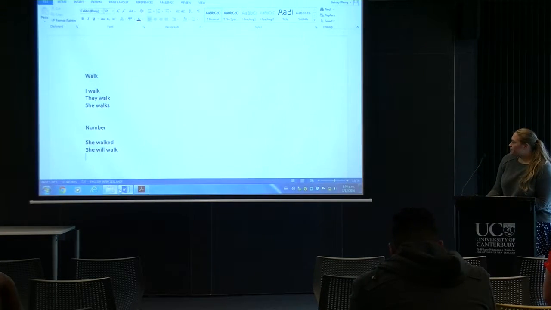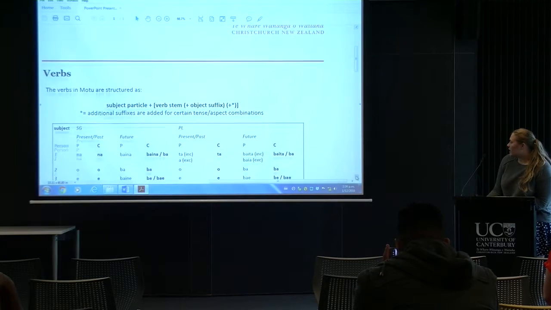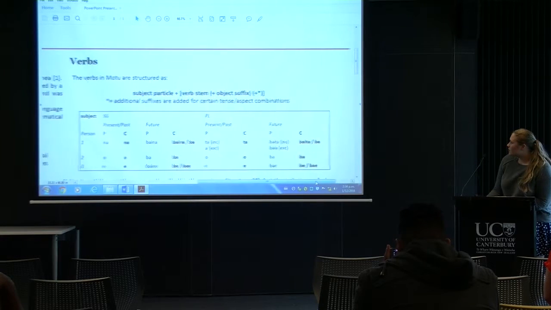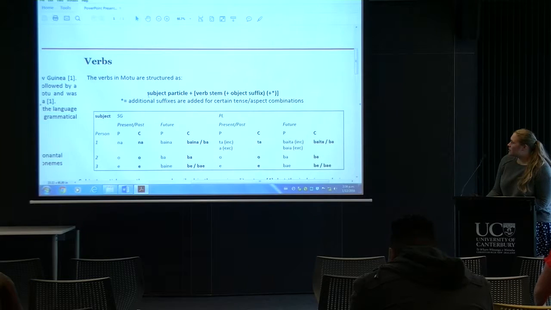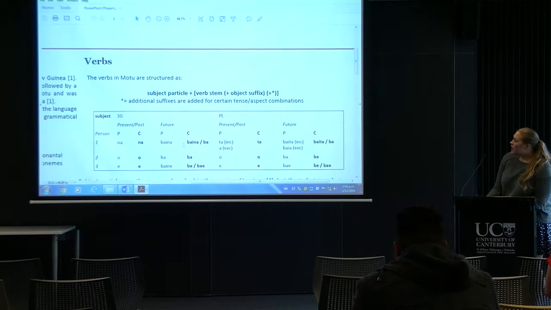So in Motu, what we've got is before the verb, we have this thing called a subject particle. A subject particle is before the verb, and basically it denotes the person.